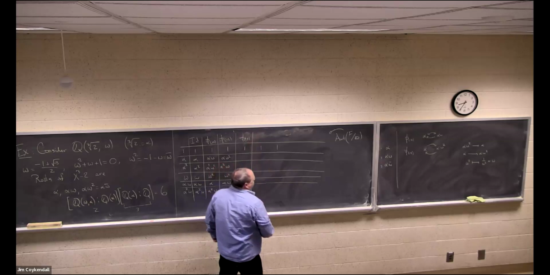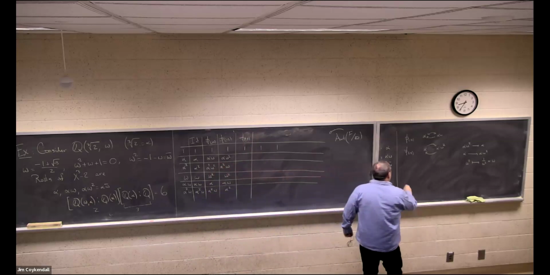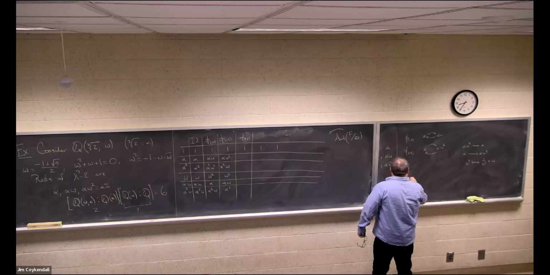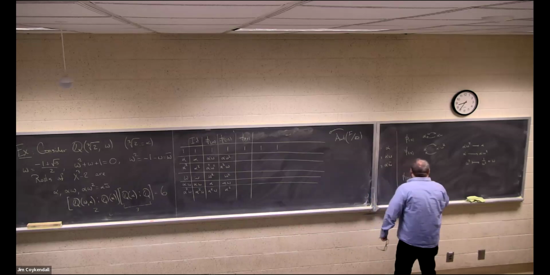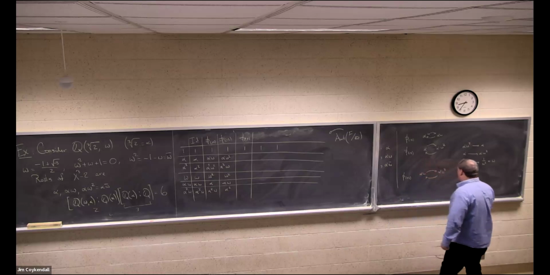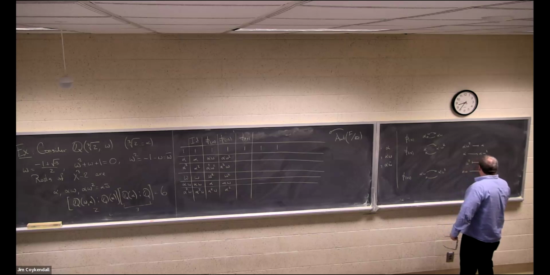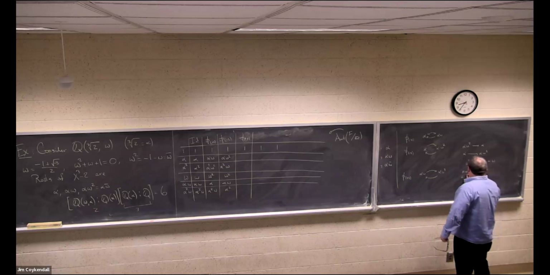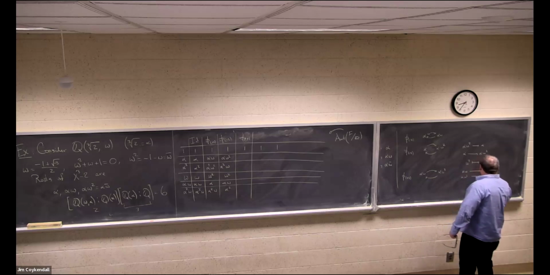And what happens when we swap these two? In this one, we should have alpha omega. Should swap these two out. So alpha omega goes to alpha omega squared, alpha omega squared goes to alpha omega.